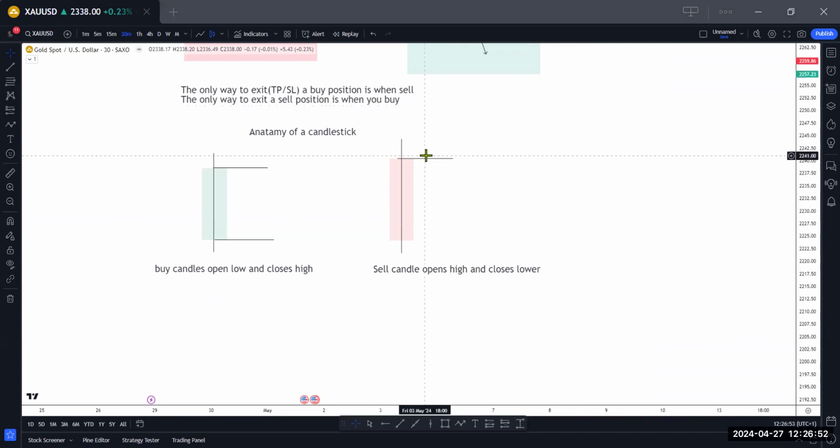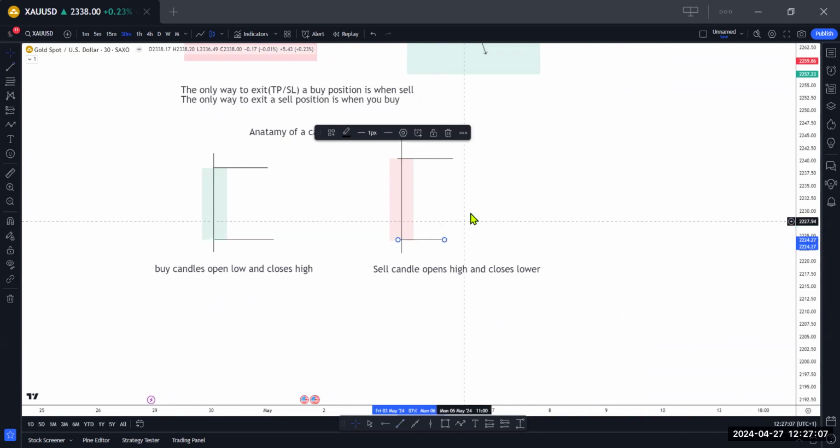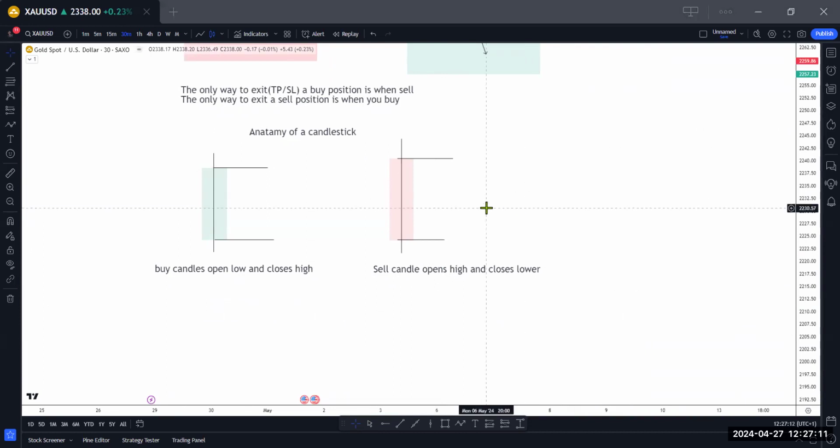Do we have support or do we have resistance, right? Okay, resistance at sell open, okay, right? At the close of sell candle, what do we have? Resistance or support? At the close of sell candles, what do we have?